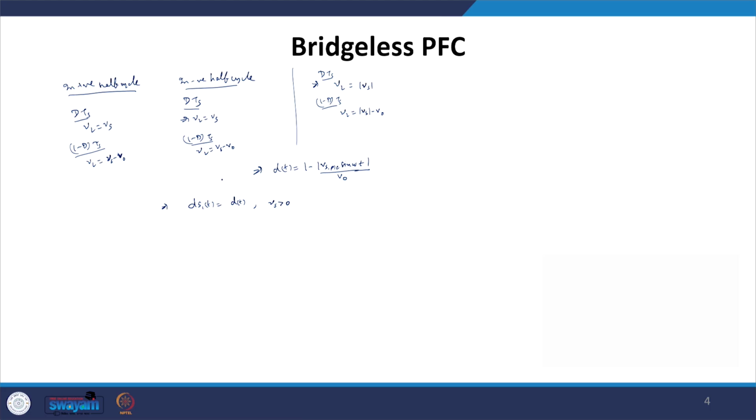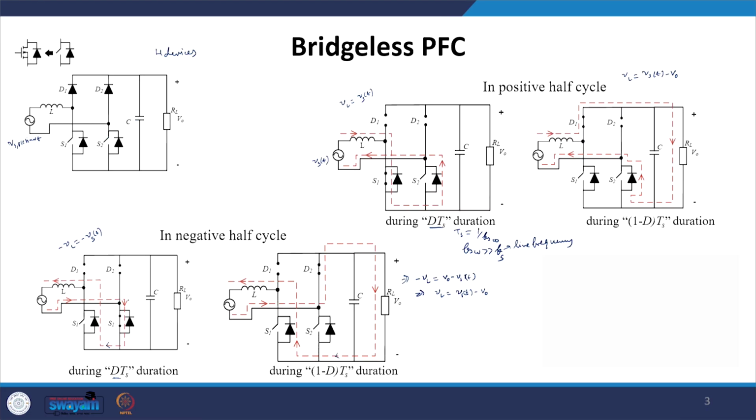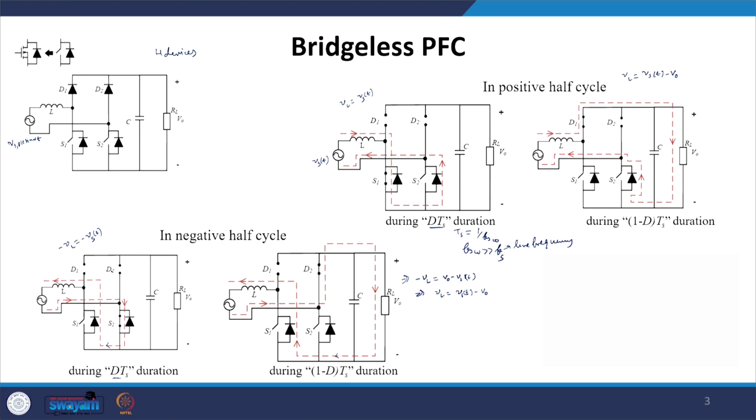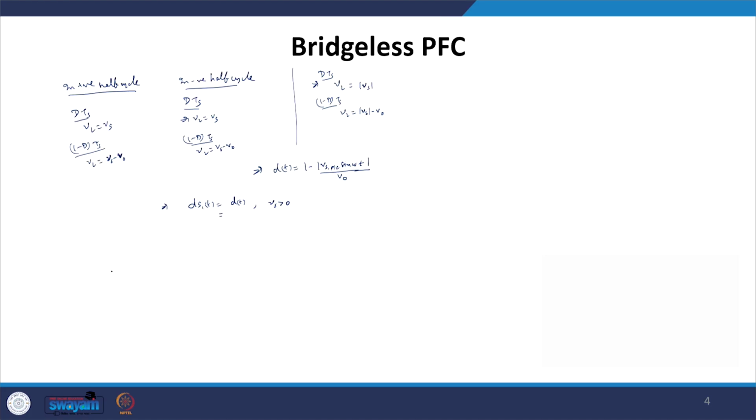In the negative half cycle, the S1 switch is not given any gate signal, it is completely off, and the current goes only through the diode connected across the device. So dS1 of t is equal to 0 for Vs less than 0.